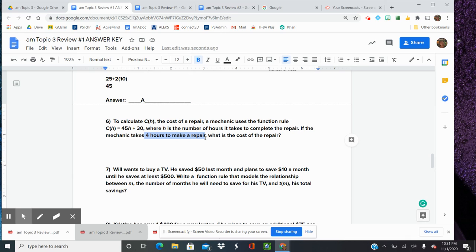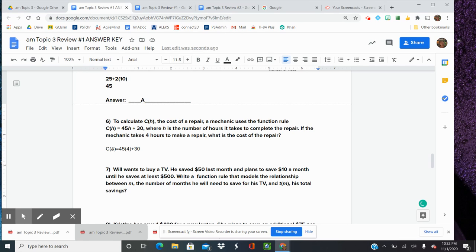So if I know that H stands for the number of hours, and I know that the mechanic takes 4 hours to make the repair, then I'm going to put 4 in for H. I'm going to evaluate the function at 4.